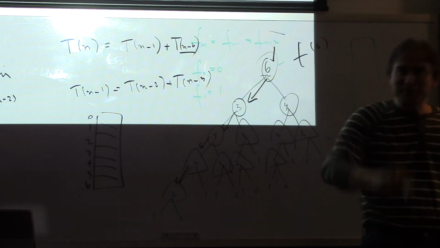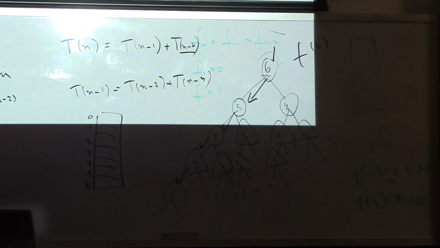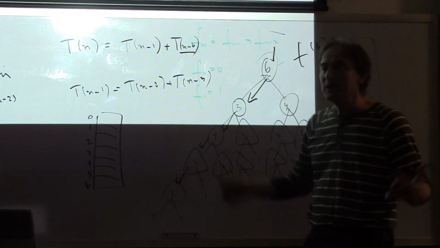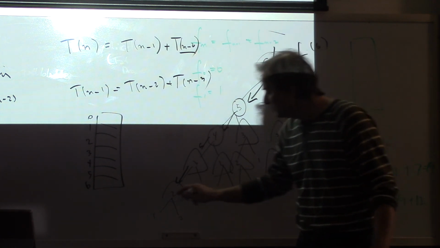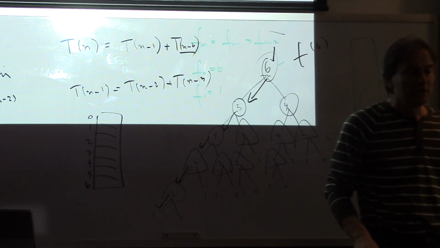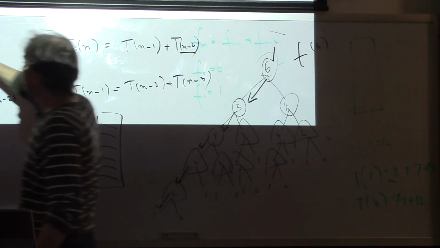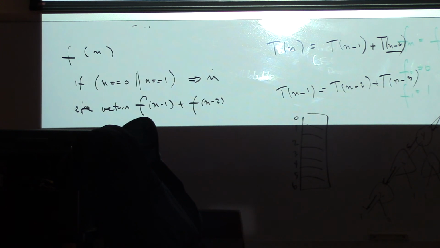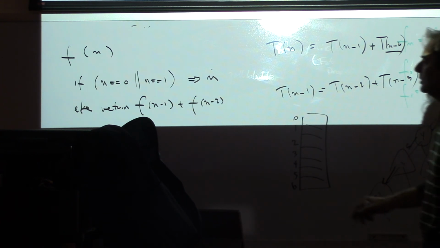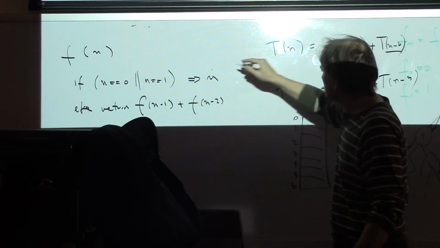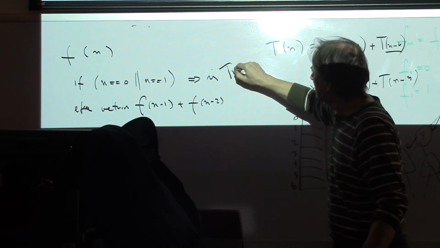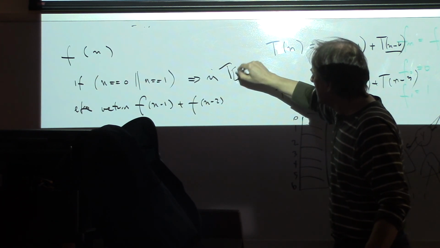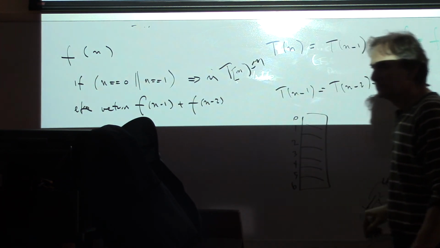I'll say, do I have the Fibonacci of 2? And the answer is no. So then I'm going to say, well, I'm going to have to go 1, 0. But first I'm going to go 1. So now 1 goes into the function, and if n is equal to 1 or n is equal to 0, then we're going to put into the table, so the table, which is going to be t sub n, is equal to n.